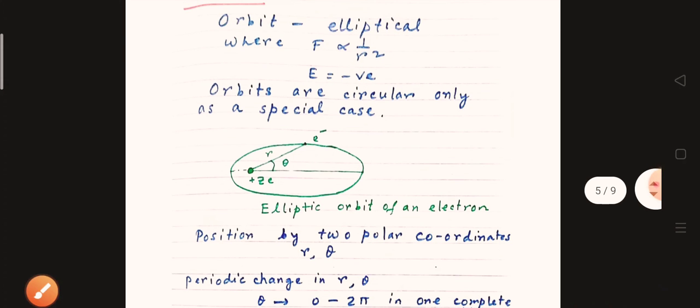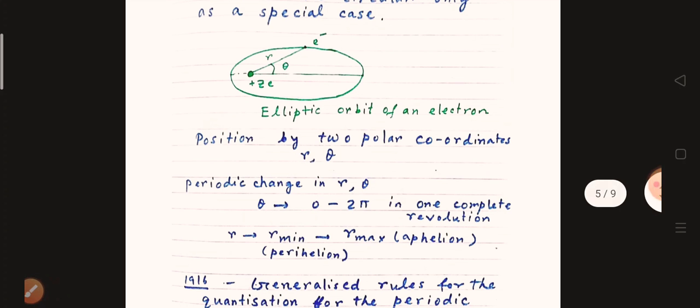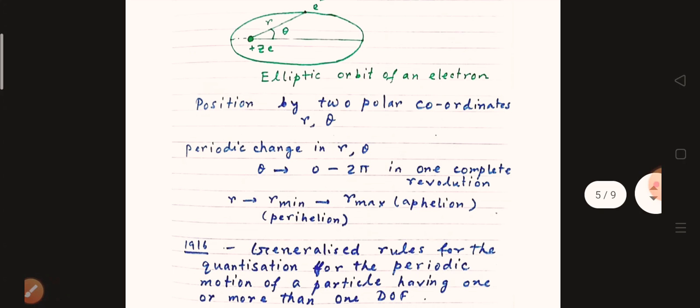Now, for the elliptic orbit of an electron, you have to describe its position by two polar coordinates. One is r, another is theta. I have shown it in the diagram. This is the nucleus, this is the electron. The distance between electron and the nucleus is r, making an angle theta.